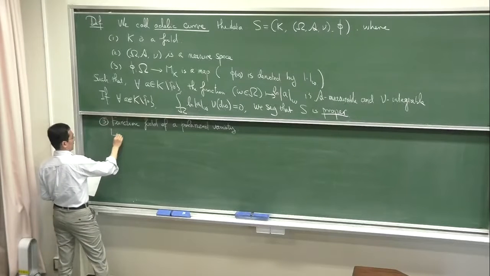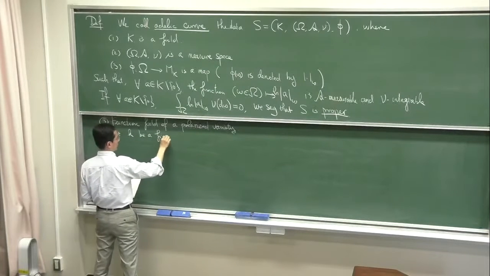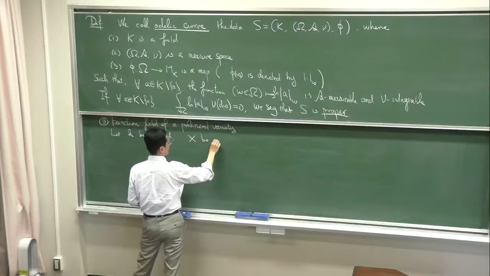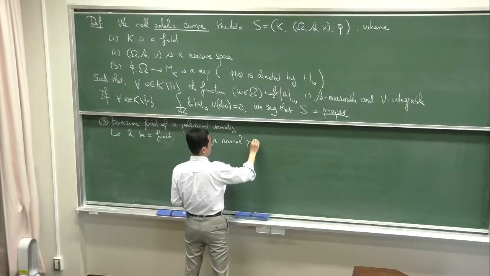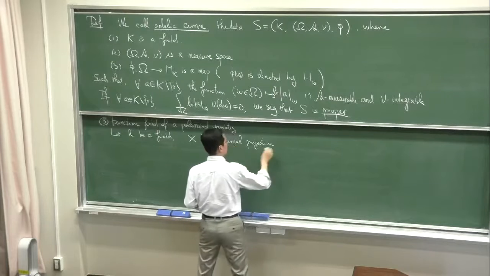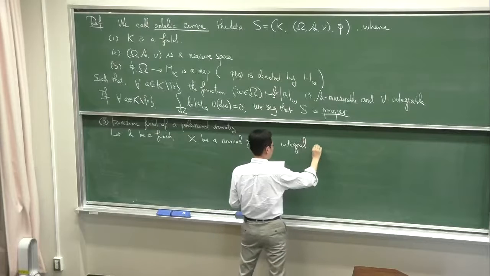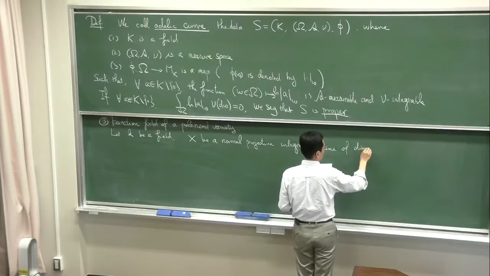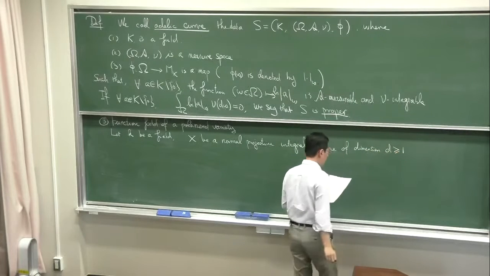Let k, small k, be a field, and X be a normal projective integral scheme of dimension d, which is at least 1.